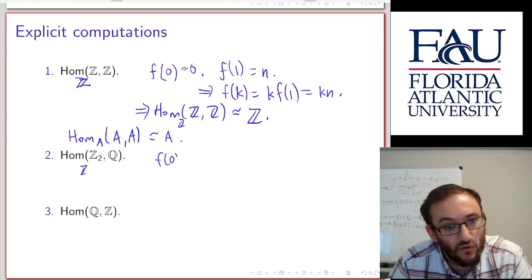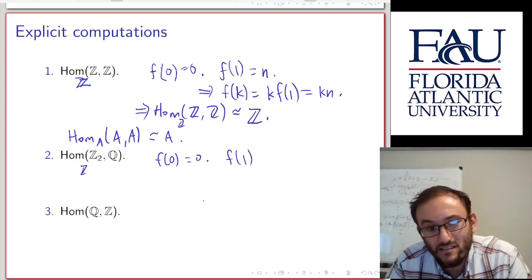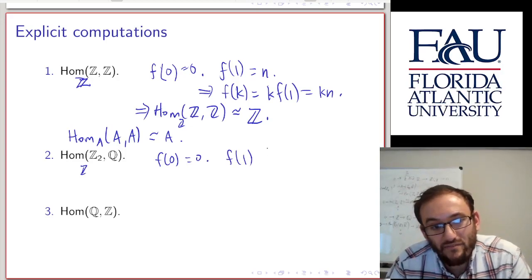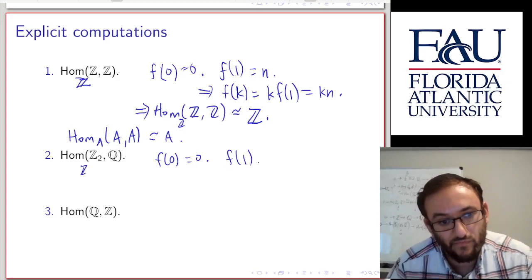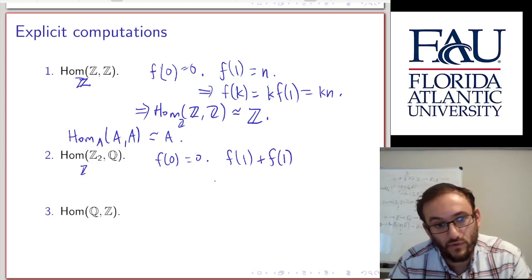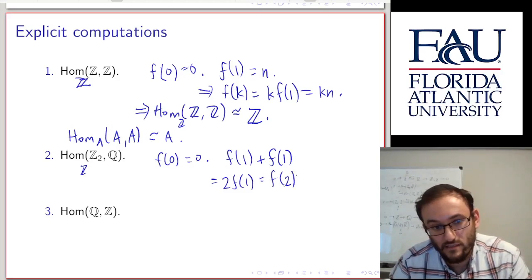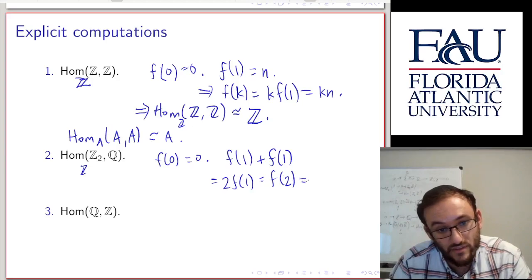So f(0) will obviously be 0, but no matter what f(1) is, I'm going to have to face the reality that f(1) plus f(1) should be equal to 2f(1), which will be equal to f(2), but 2 is congruent to 0 in this module, so this has to be equal to 0.